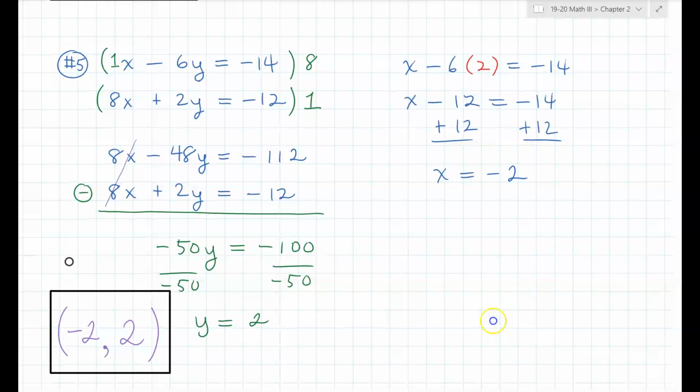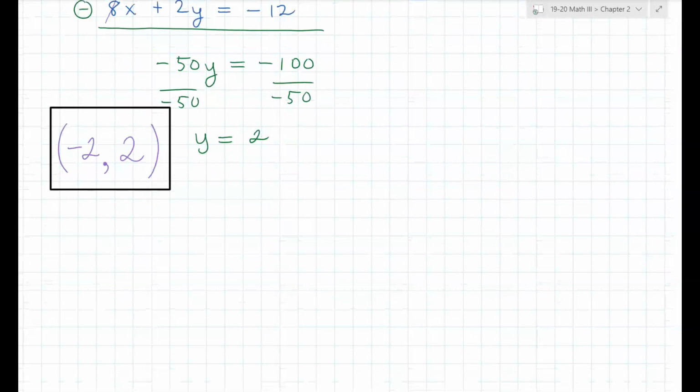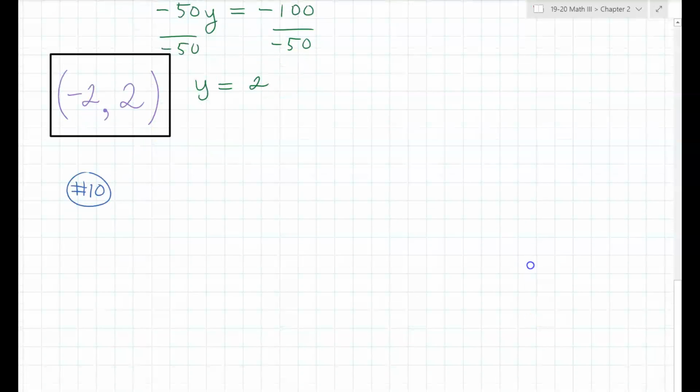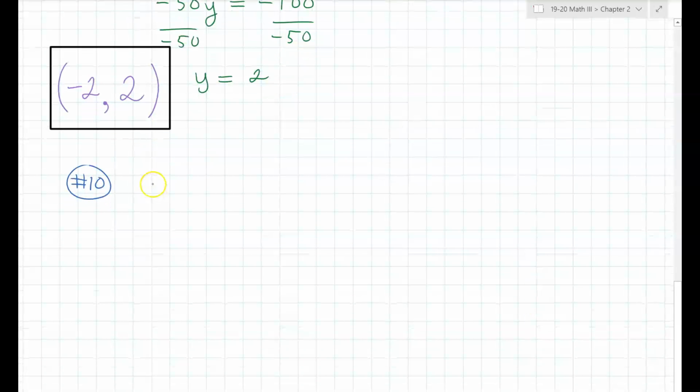Okay? Number 10. Because number 10 actually makes you do a little bit of housework before you actually do the problems. Notice 22 plus 7x equals negative 3y. And then they give us negative 8y equals negative 2x minus 24.